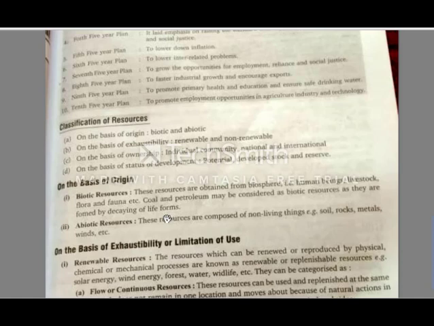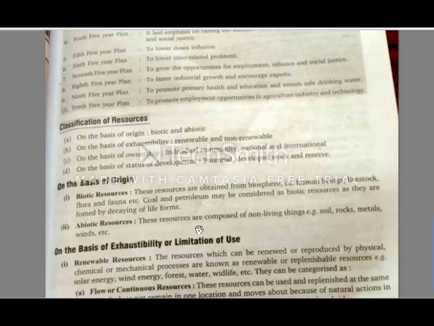We can also say after decomposing, decomposition, after life forms, they form. Next, abiotic resources. These resources are composed of non-living things such as soil, rocks, metals, winds, etc.